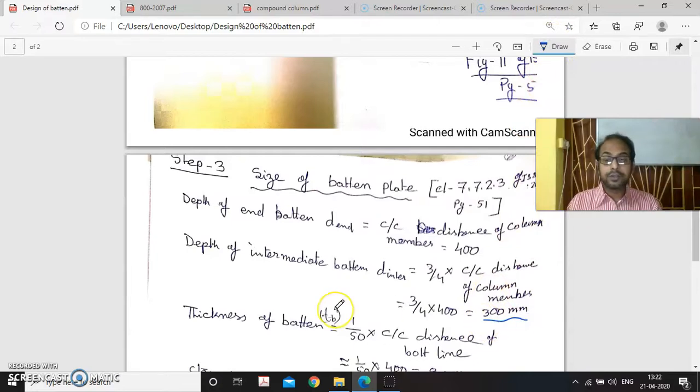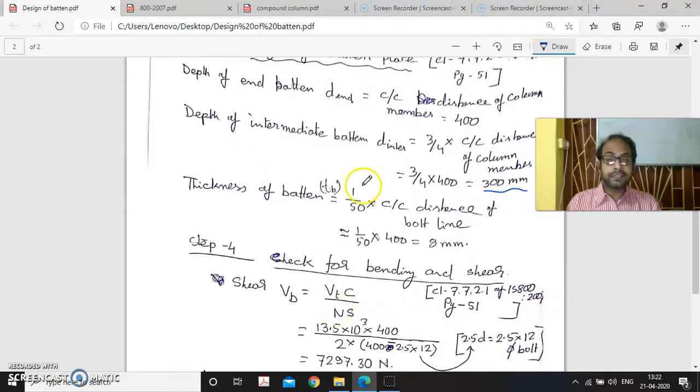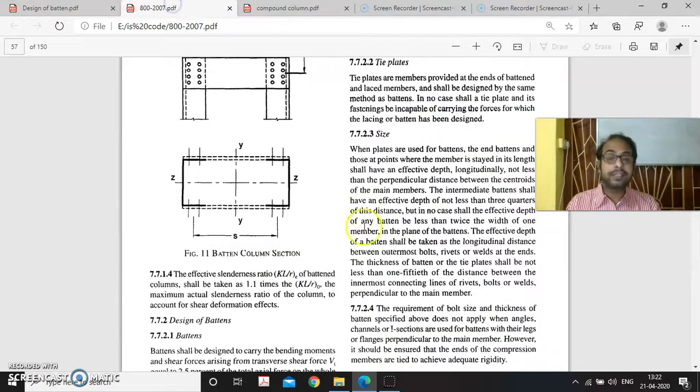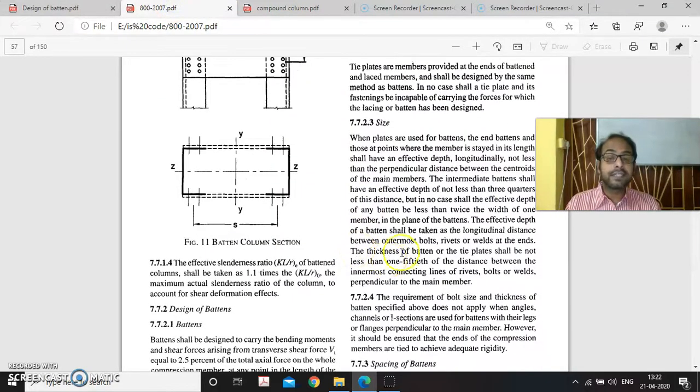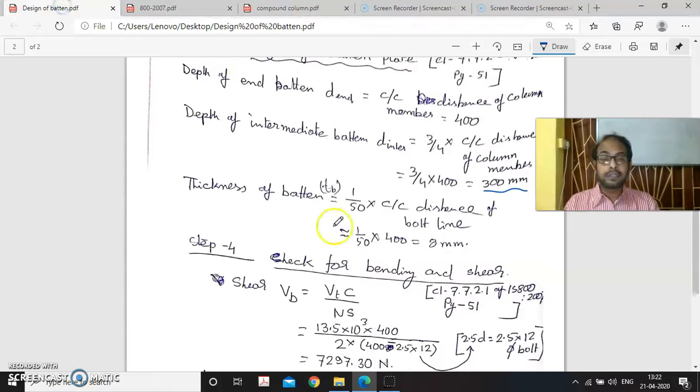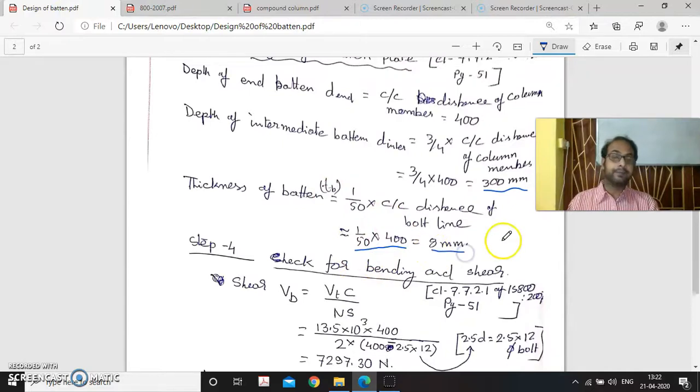So the thickness of the batten plate, there is also a provision for the thickness. The thickness of the batten or tie plates shall be not less than 1/50th of the distance between the innermost connections. So we have considered 1/50th into 400 center to center distance, it is coming as 8 millimeter.